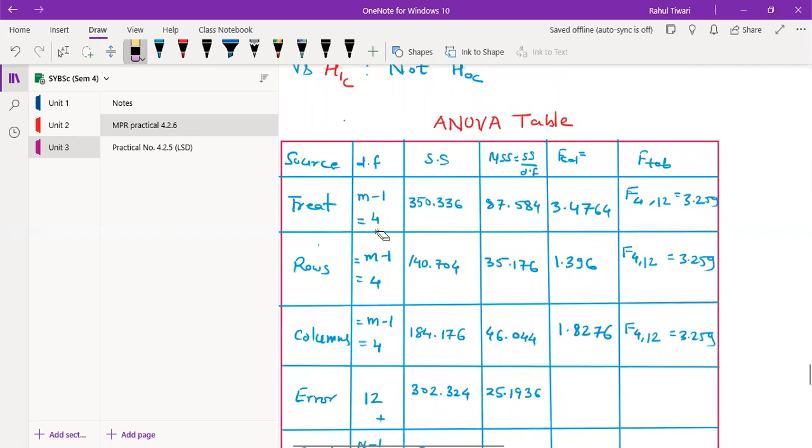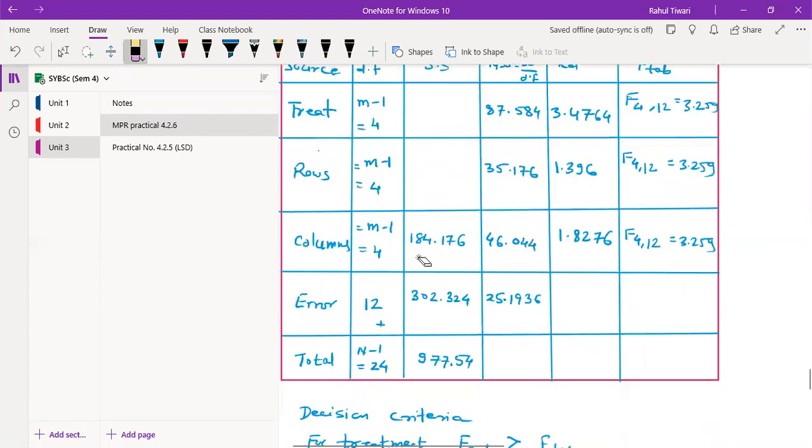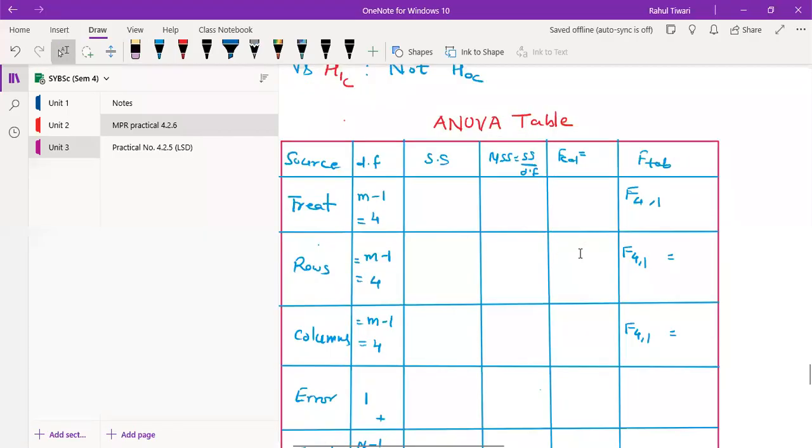The table will have 4 degrees of freedom because we have 5 rows and 5 columns.